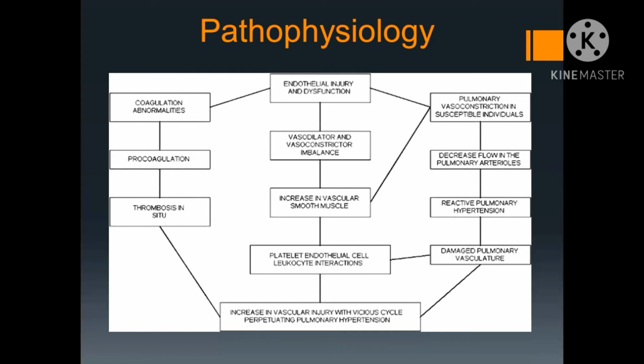This is known as reactive pulmonary hypertension, and this leads to damage of pulmonary vasculature and triggers the platelet, endothelial cell, leukocyte interaction for tissue repair, as well as the canalization of neural and obstructing fibrin clots. All these factors result in increased vascular injury with a vicious cycle perpetuating pulmonary hypertension.